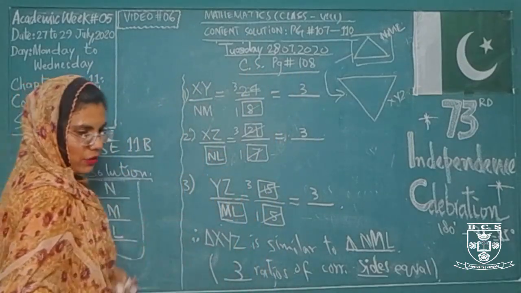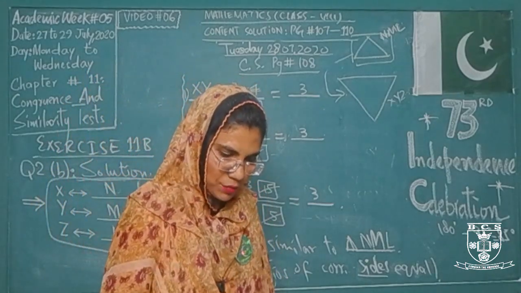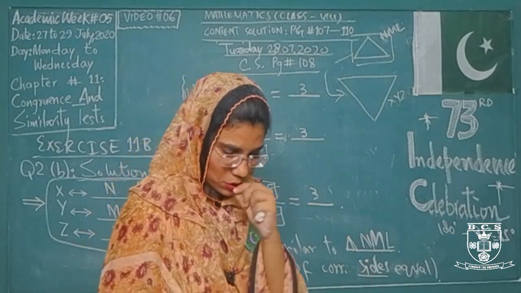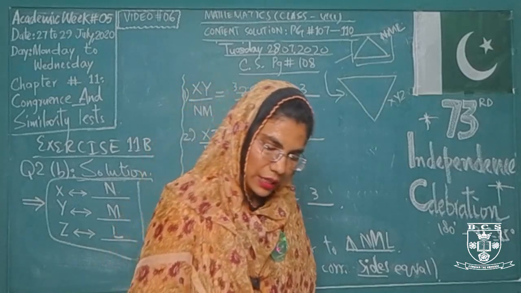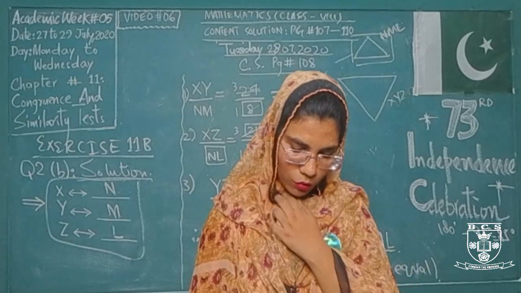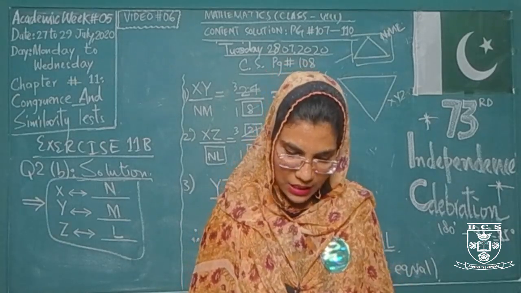In question number 3, we again have three different parts, A, B, C, and we have to determine whether they are similar or not similar to each other. In part A you have two different triangles. In part B you also have a pair of triangles. In part C you also have a pair of two different triangles. So these are not similar to each other.